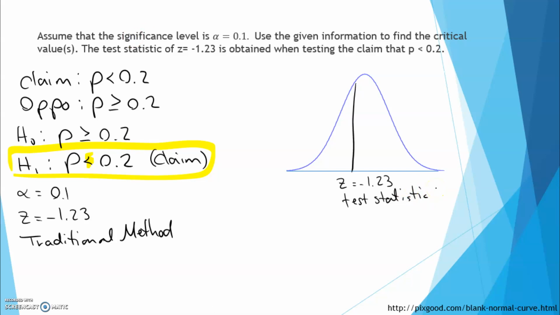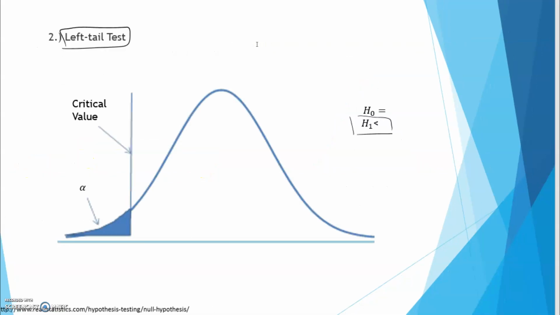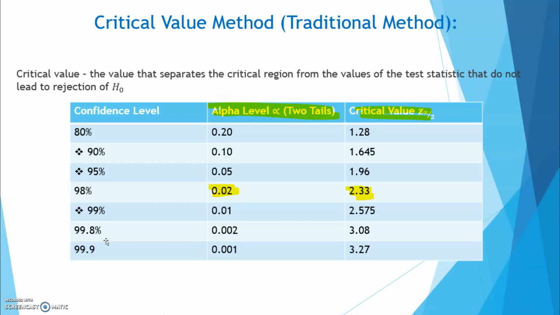Okay. Because I'm in a one tail, this alpha is in one tail. The area for alpha is in one tail, just like it is for this right here, a left tail test. All the area for alpha is in one tail. But the chart that we use, this right here, alpha is always in two tails, not one tail.